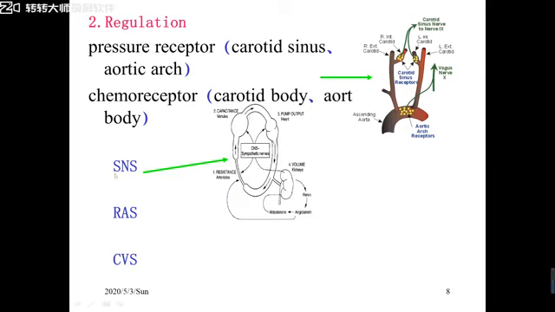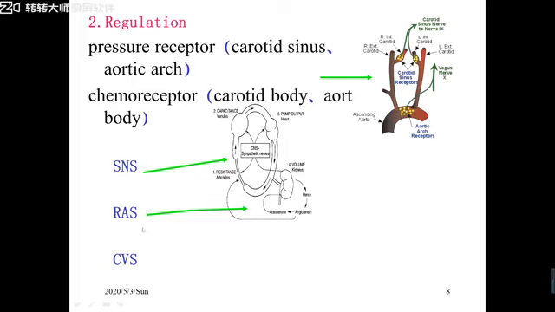And besides the sympathetic nervous system, we also found, especially long-term, that in hypertension patients the renin-angiotensin system is overactive, which increases blood pressure and induces hypertrophy and remodeling. So we can use inhibitors of the renin-angiotensin-aldosterone system to reduce blood pressure.